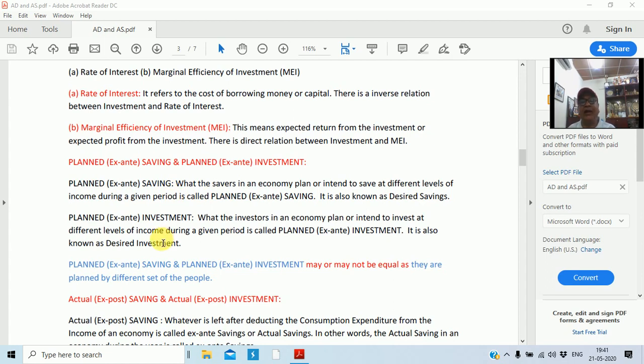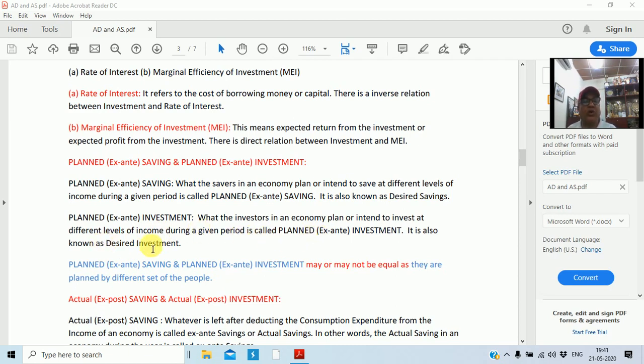And on the other hand, the other group of people are making the investment. They also plan, they have also got a desire. So what they desire regarding the investment or plan, that is called ex-ante investment. So what the investors in the economy plan or intend to invest at different levels of income during the period is called planned or ex-ante investment.